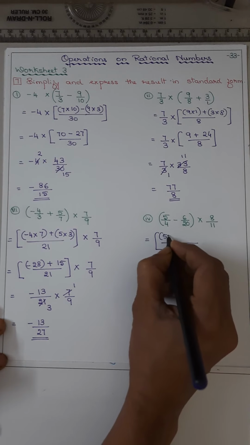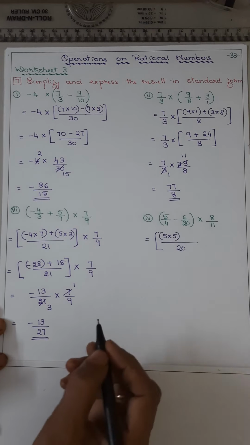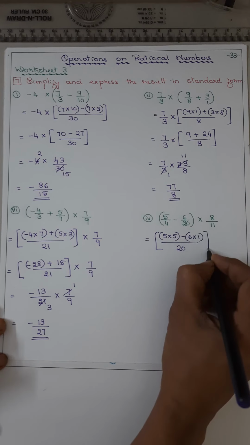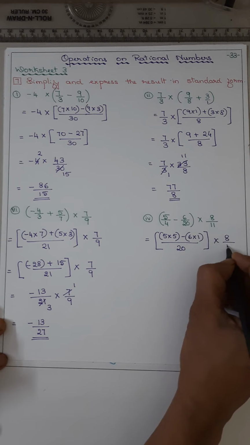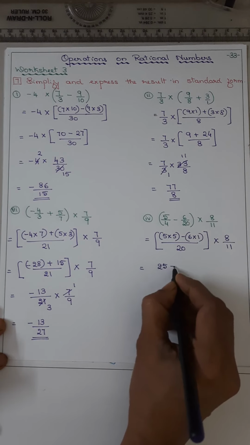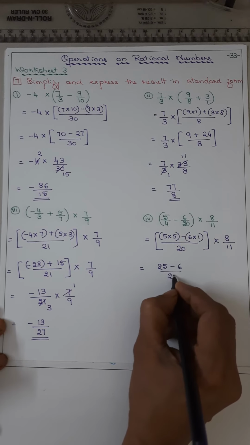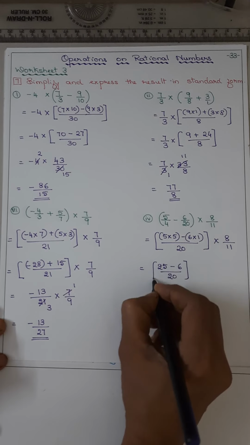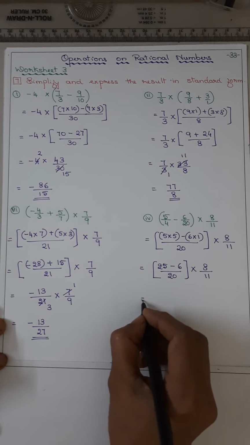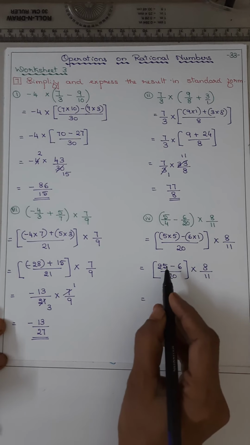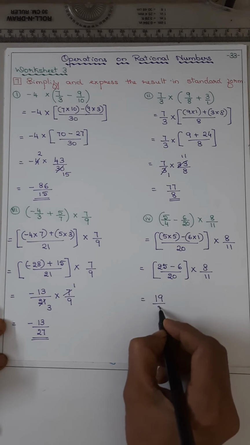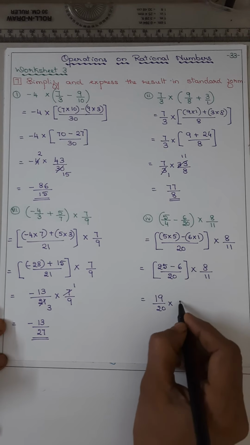So 4 5s are 20 minus 6 1s are 6, into 8 by 11. Now 5 5s are 25 minus 6 1s are 6 upon 20 into 8 upon 11. Now 25 minus 6 is 19 upon 20, 8 by 11.